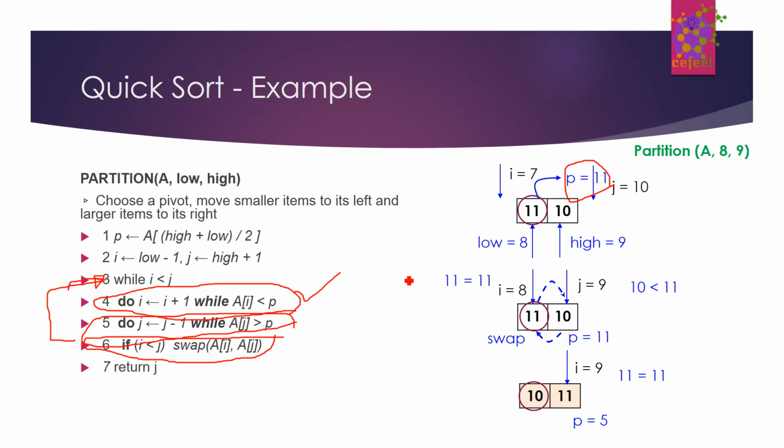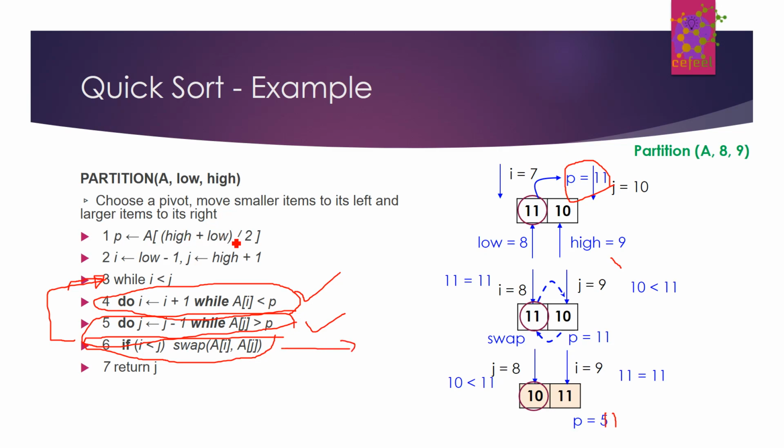Now there is a mistake here, this should be 11. So 11 is equal to 11, so the inner while loop will break. Similarly, step 5 will decrement j. j now becomes 8, and a[j] will be compared. 10 is less than 11, which means this while loop will also break here, and we go to step 6.